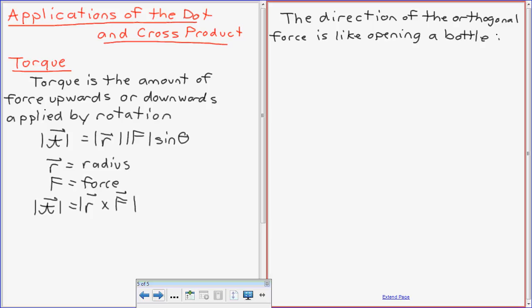That's because of torque, okay? So if you're going to be opening something, so upward force is counterclockwise. Downward force is clockwise.